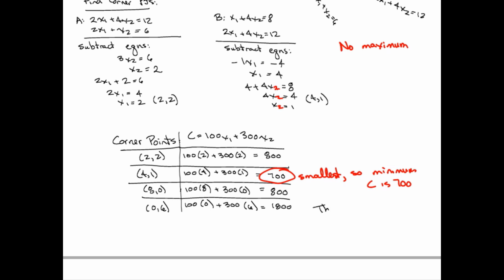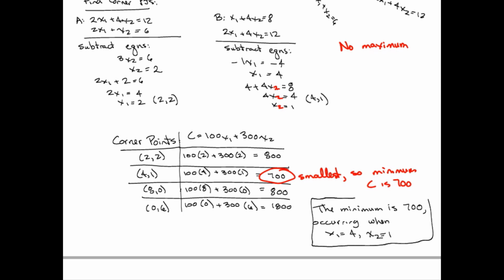So we say the minimum is 700 occurring when x1 is 4 and x2 is 1. That's the way that we phrase our answer.